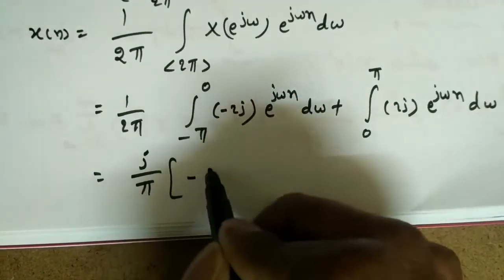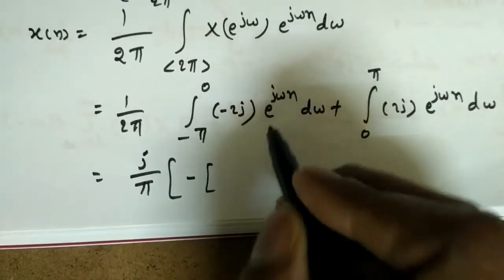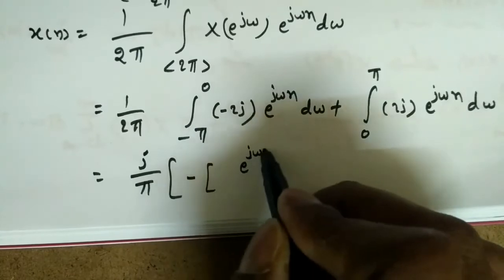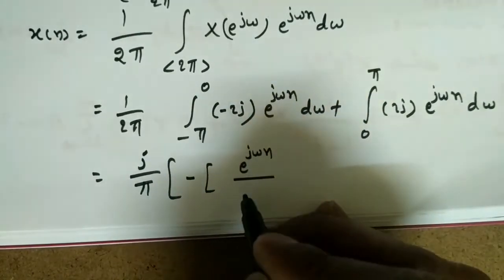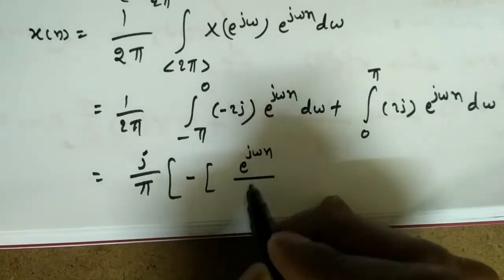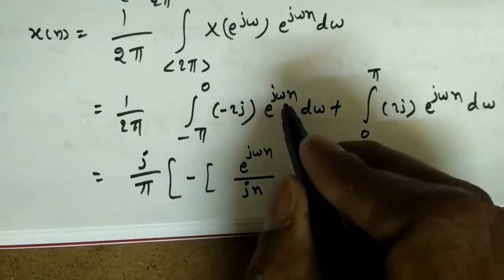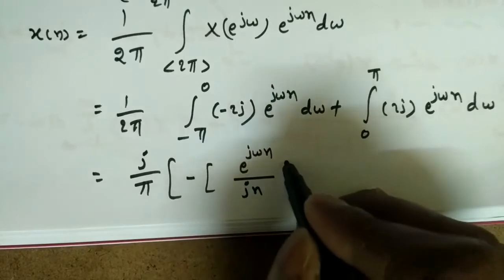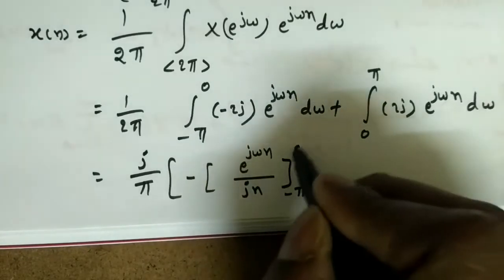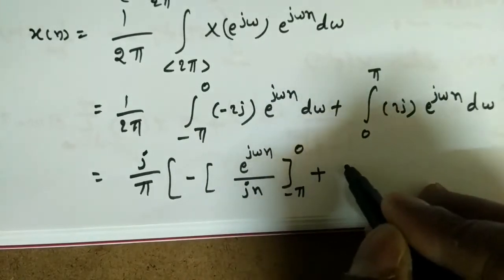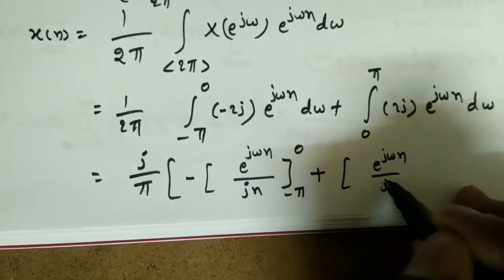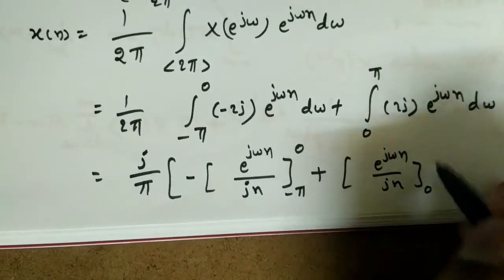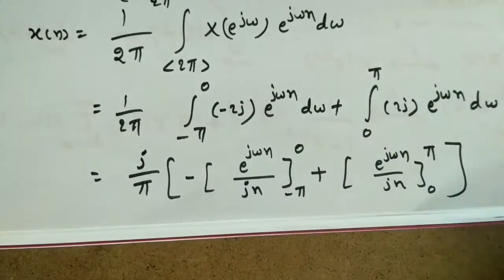And it is minus, integration of e power x means e power x, that is e power j omega n by, so once we assume this is x, we have to differentiate in the denominator, so it will become j n, omega n with respect to omega, so it will become j n. So what are the limits? Minus pi to 0, plus, e power x means again e power j omega n by j n only, and its limits are 0 to pi, right?